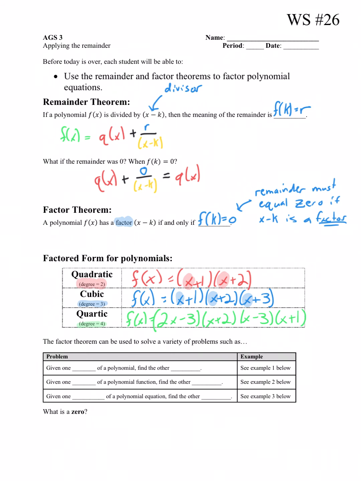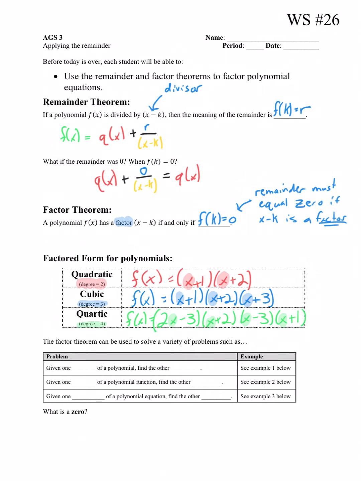The key, though, is when it's a quartic function, we should see 1, 2, 3, 4 sets of parentheses with 4 separate x's when it's in factored form. The degrees of all the polynomials should add up to 4 when all the factors are being multiplied together. Okay, that's what factored form looks like for these functions.